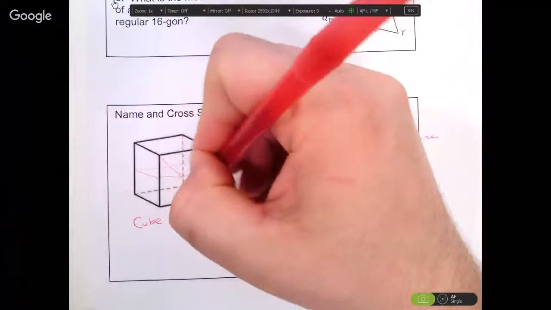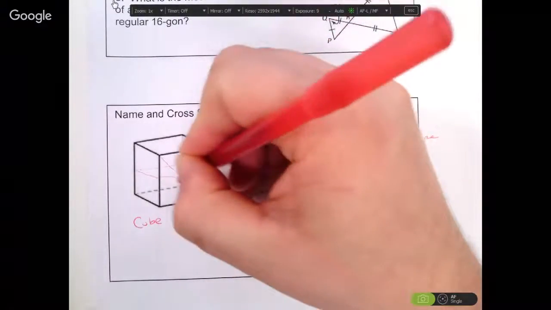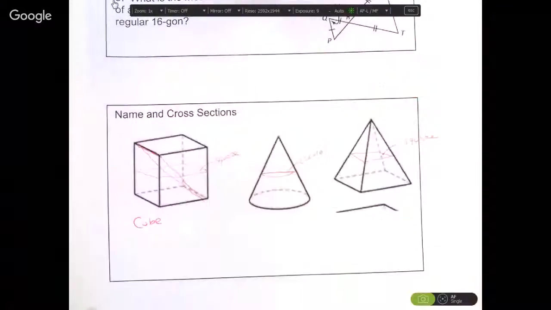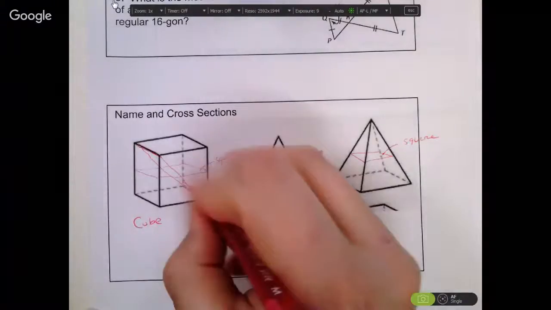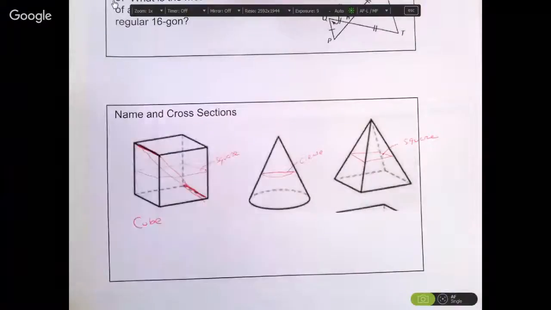If you cut it like this, if I'm cutting it that way, it's not a triangle. That's a triangle. This here is a rectangle, and here I'm going to cut through that. It is a rectangle because you're cutting a flat section.